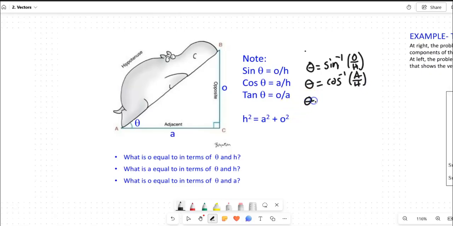And tangent of theta, theta using tangent, is the inverse tangent of opposite over adjacent. And let me rewrite this so it's close to the Pythagorean theorem, because that's going to be important.